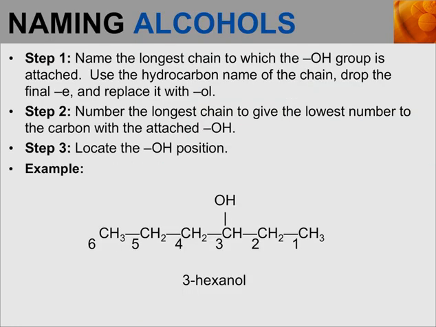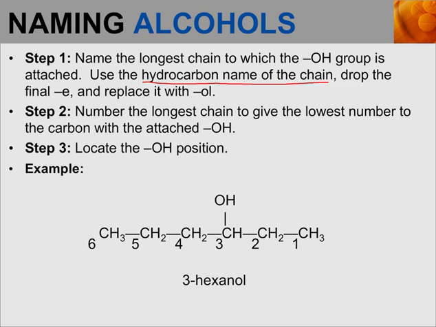All right, so let's talk about how to name alcohols. So this is pretty similar to how we would name alkanes or alkenes, for example. So you're going to name the longest chain to which the OH group is attached, and then you're going to use the regular hydrocarbon name or alkane name of the chain, and then drop the final E and replace it with OL. So as an example, let's look down below.